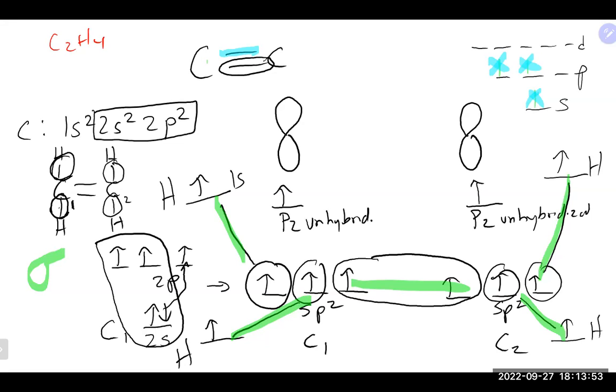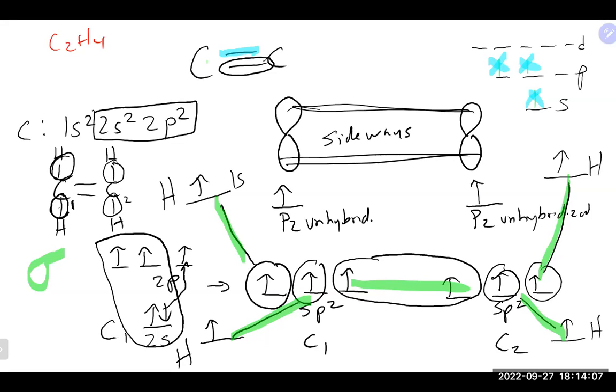A sigma bond, like I said, comes straight at each other and basically runs into each other. What happens with our p orbitals is what is referred to as sideways overlap. Above and below the plane of the bond and where the atoms are, you get this sideways overlap of those p orbitals.